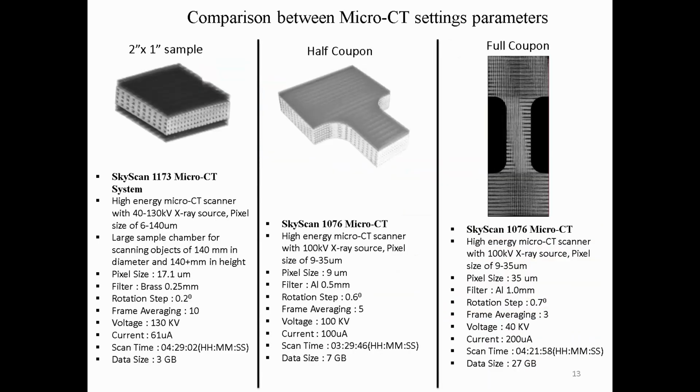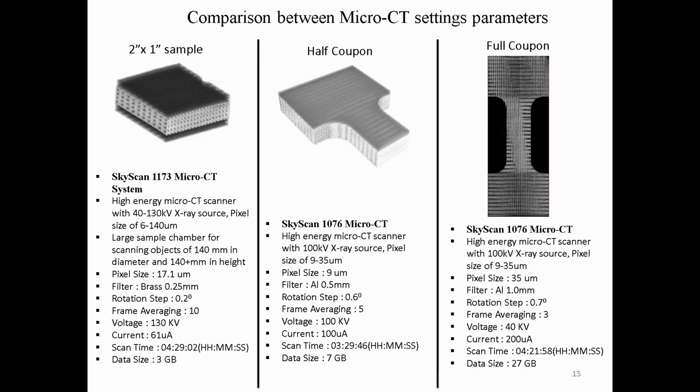And this is a comparison from the unit cell level to the dog bone coupon level. When you choose a different length scale or specimen size, obviously I'm choosing a different SkyScan machine. For example, for 2 inch by 1 inch, I'm using the SkyScan 1173 because of certain features they have.